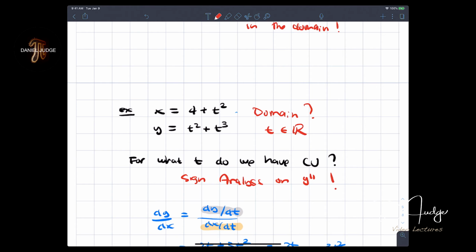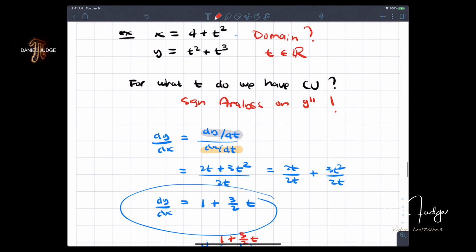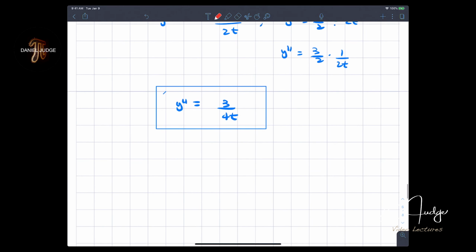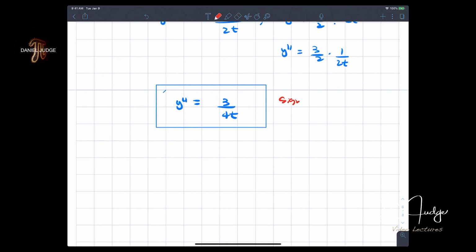So t could be any value. Now that's important to know, because when you do sign analysis here, we want to consider the context. So remember, t is any real number. It's going to be a factor in our answer if we don't consider that.